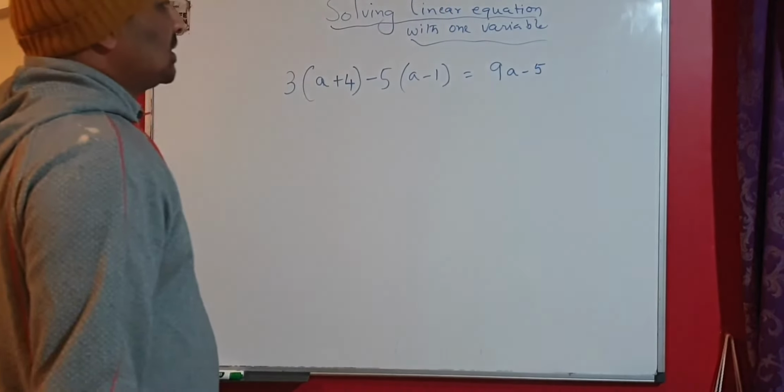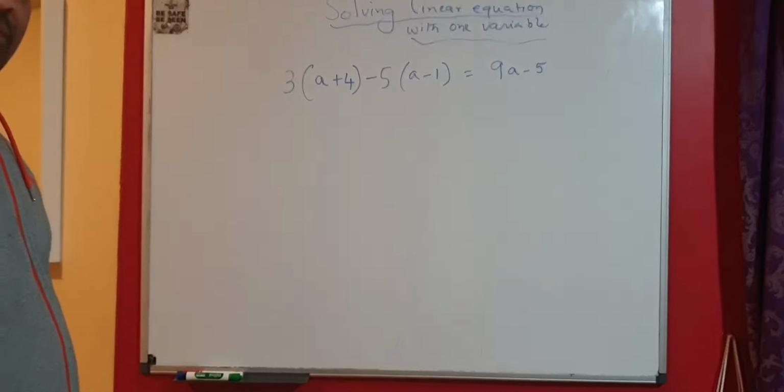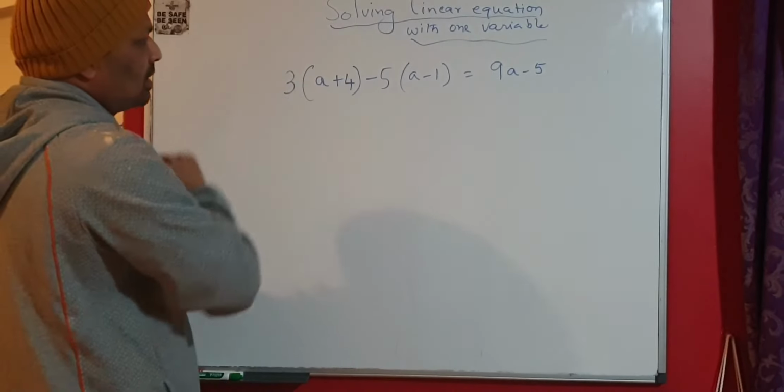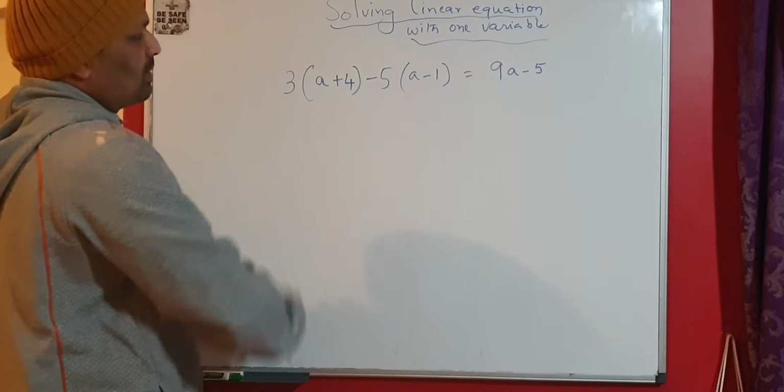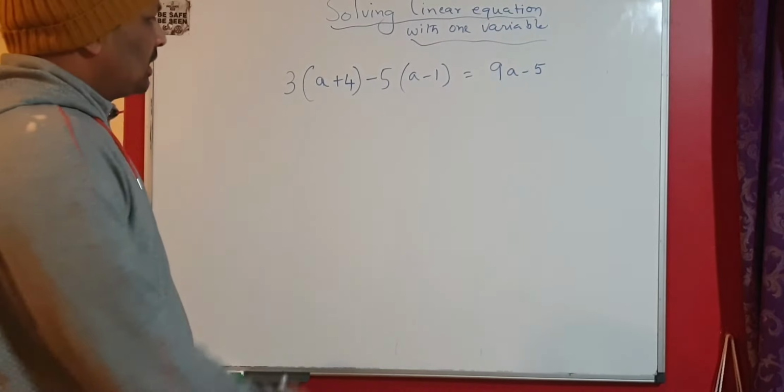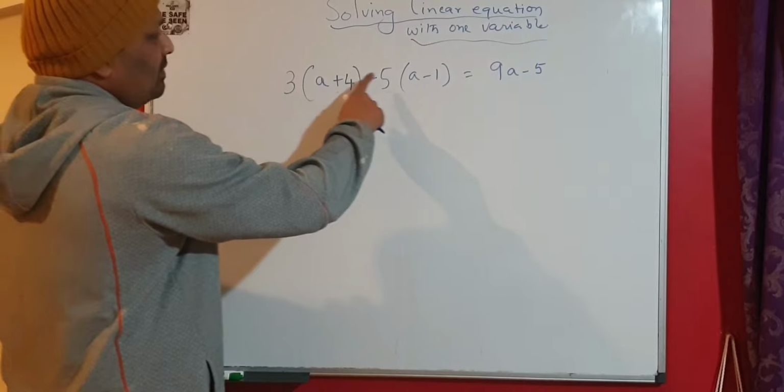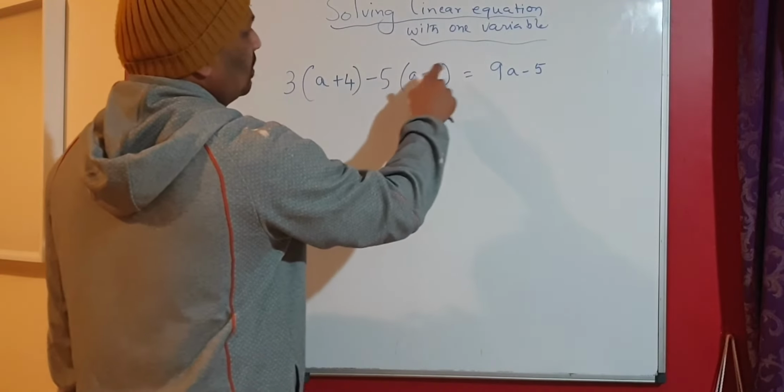So this is a linear equation having a variable a in it and the power of a is 1. Nowhere does the power of a exceed 1. Everywhere the power of a is only 1. Here 1, here 1, here 1.